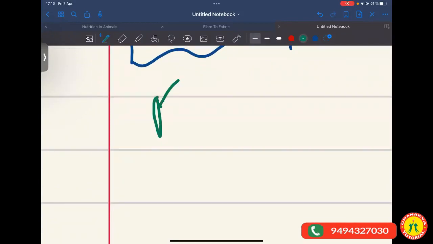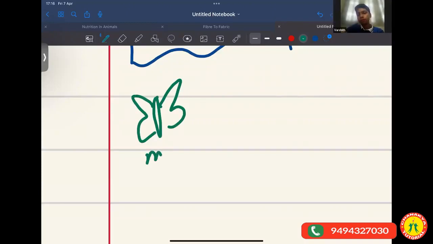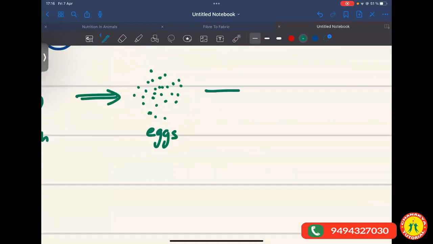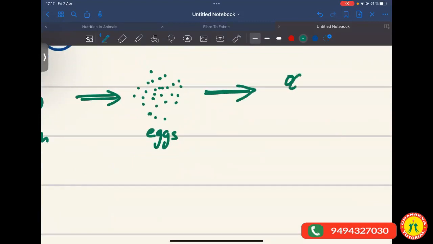Do you know what a moth is? Yes, ma'am. This moth lays hundreds of eggs, lots of eggs. These eggs hatch and become a larva, a baby caterpillar kind of thing.